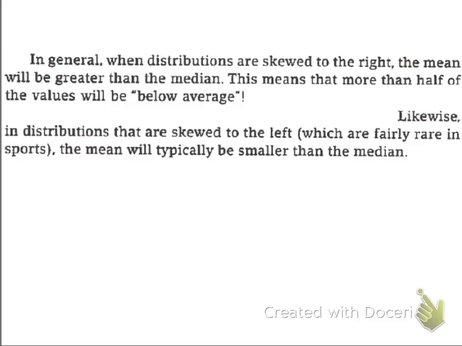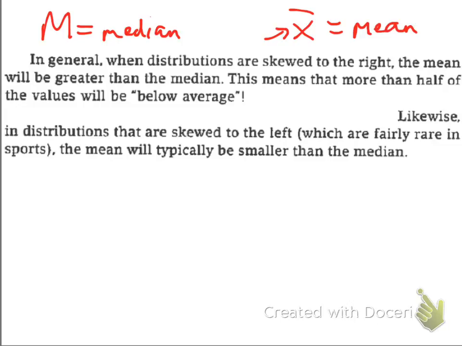So in general, and by the way, capital M will be the median, so we'll use that notation, and X bar will be the mean. That's what this says. This is X bar.